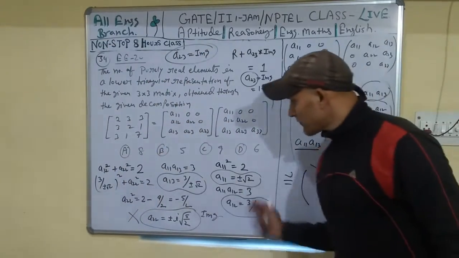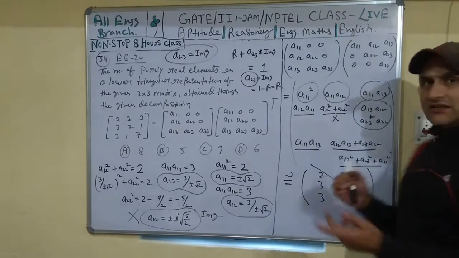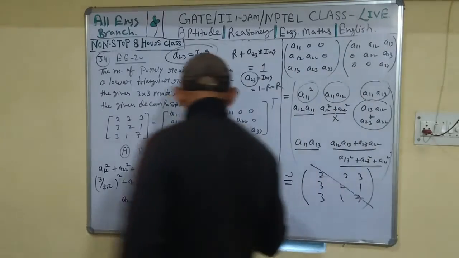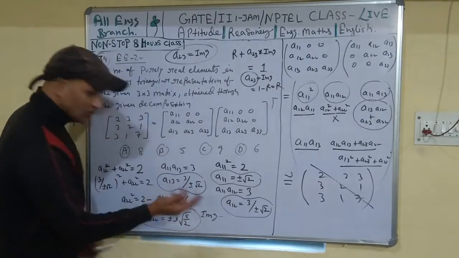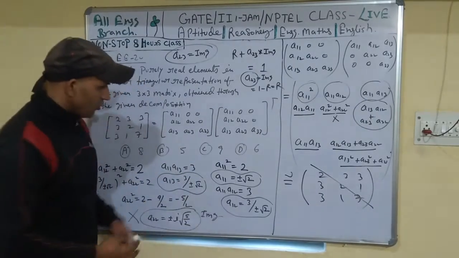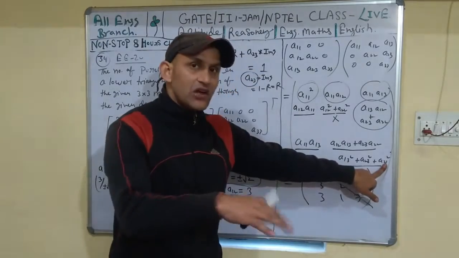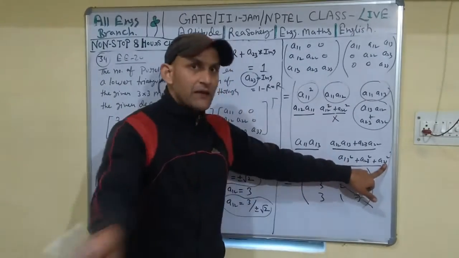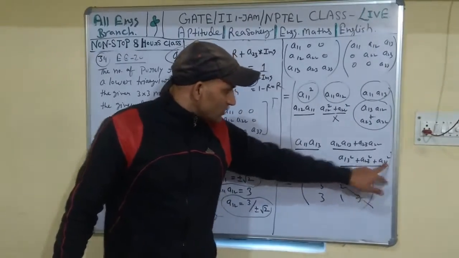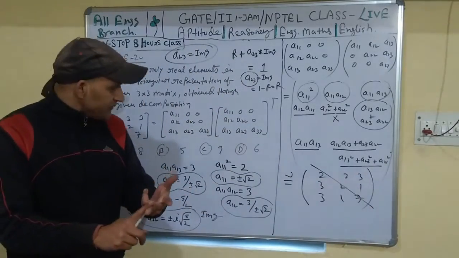There is no such option. Maybe A33 is real or imaginary, but there are a total of 3 real elements. You can check 1, 2, 3. Only 3 elements are real. And the last one, A33, is real, as we already checked. So this is also real. So the total number of real elements is 4.